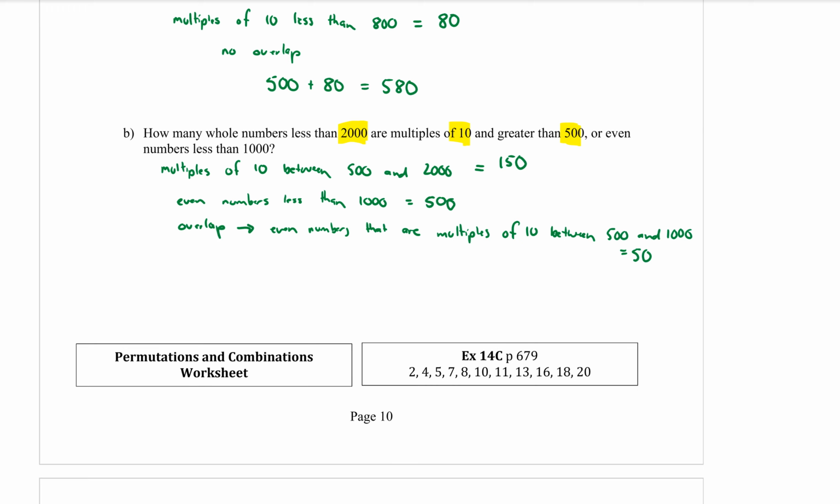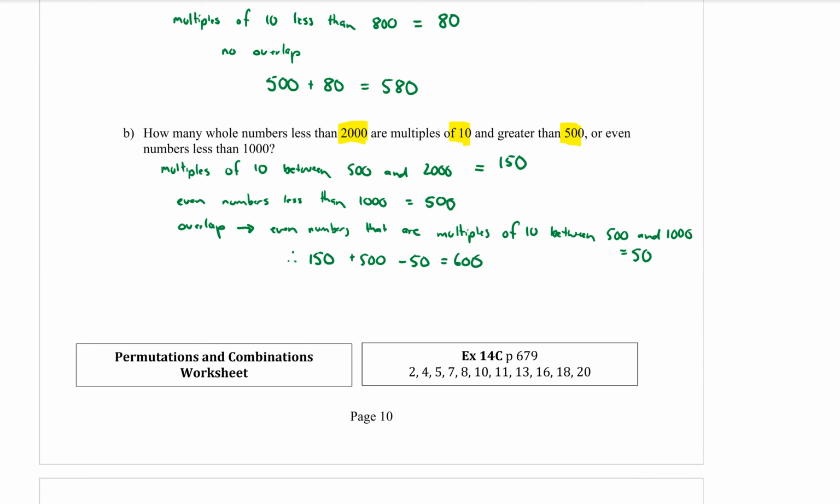Because there's 500 numbers between 500 and 1,000, and multiples of 10, divide that by 10, there'd be 50 numbers there. So basically what that is doing is I had 150 for the first thing, there was 500 for the second possibility, and I subtract off the overlap, which gives me the answer.